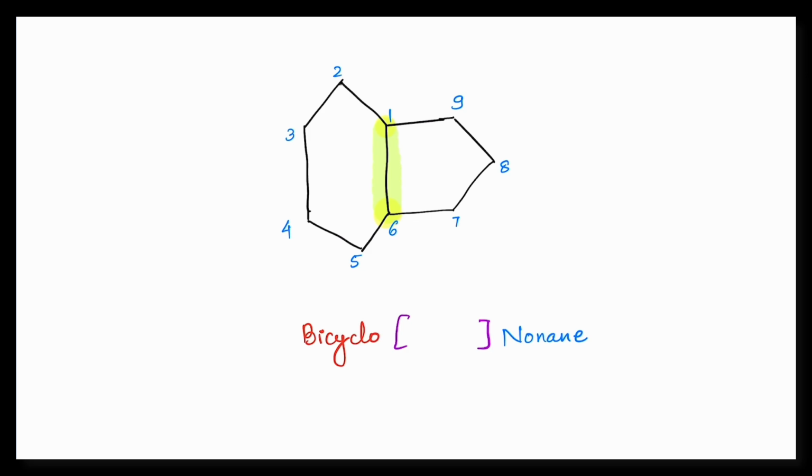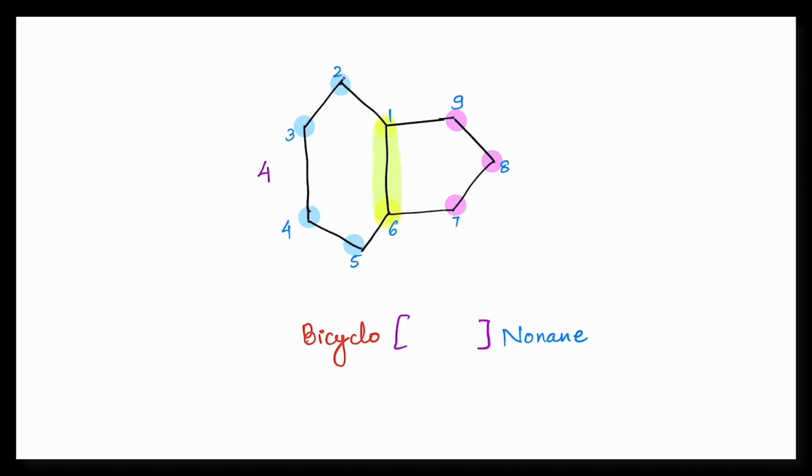In the path to the left, there are 4 carbon atoms. You can see them here. In the path on the right, we have 3 carbon atoms. And in the path directly connecting 1 and 6, there are 0 carbon atoms.